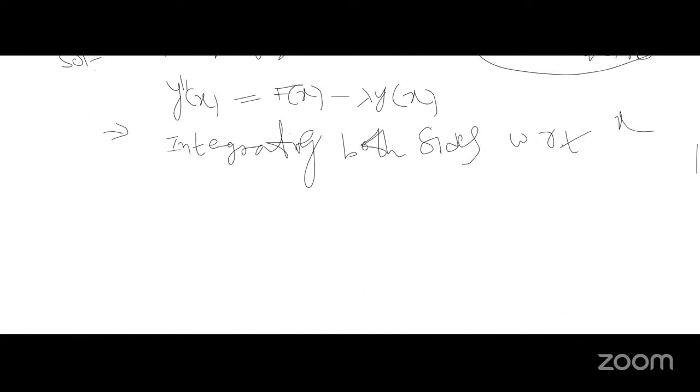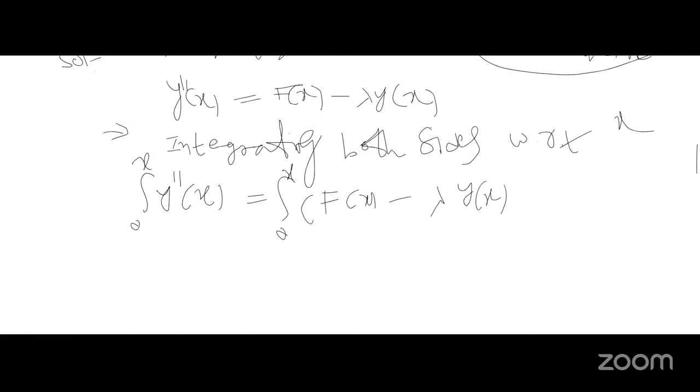So y double dash of x is 0 to x, and that is 0 to x of F of x minus lambda into y of x into dx.